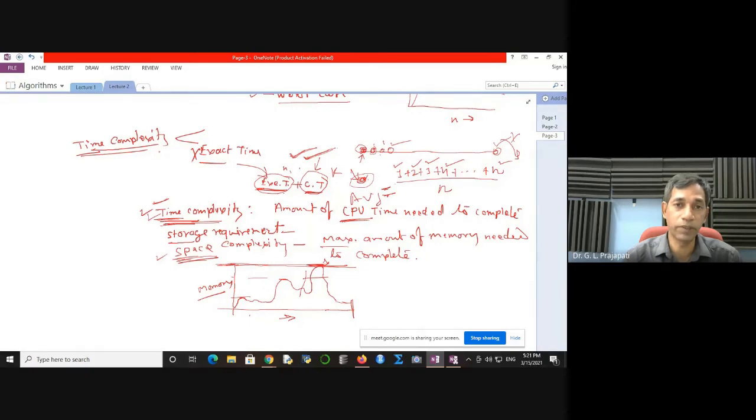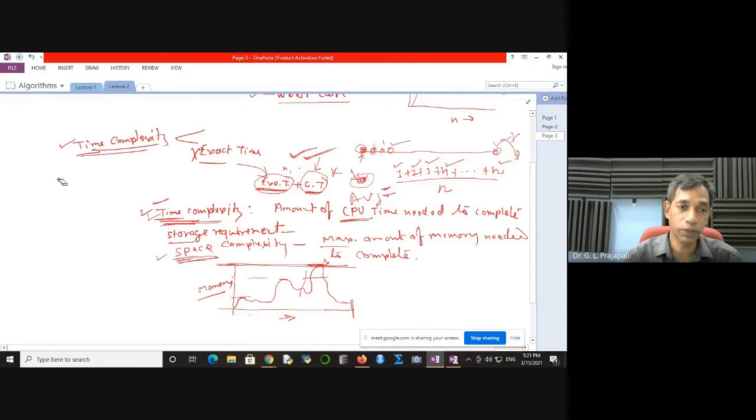You cannot make a general comment that your algorithm requires this many microseconds or nanoseconds. So instead of determining the exact time, once we go for the time complexity, we are going to count the operations of the algorithm.